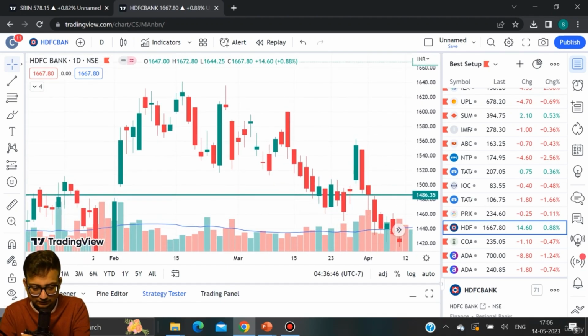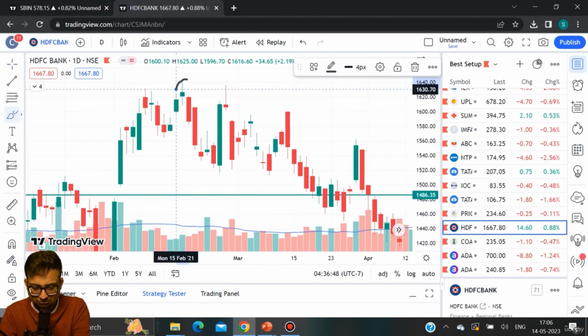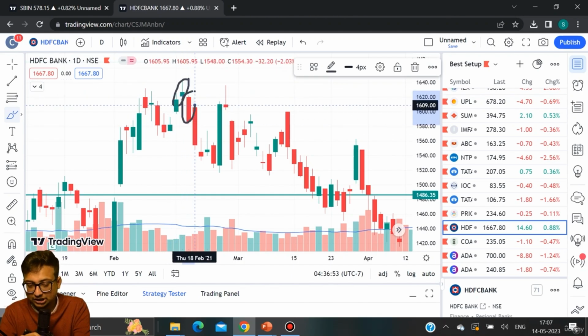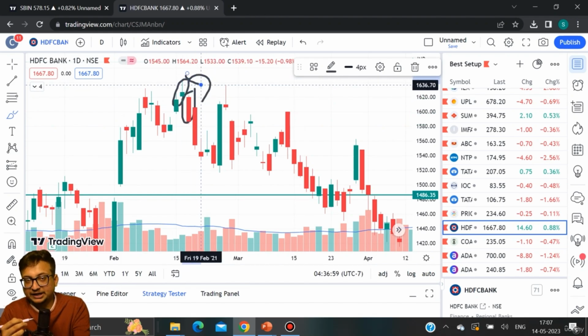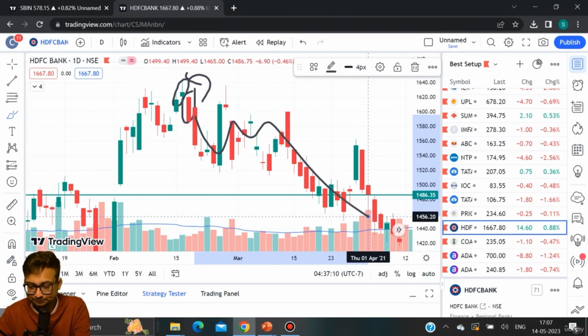You see, this was a very weak bullish candle, and after that a big bearish candle which is able to engulf the particular bullish candle, right? And what does it mean? If there is a small bullish candle and after that a big bearish candle, it means that the market will go downward. You see, small pullback, boom.